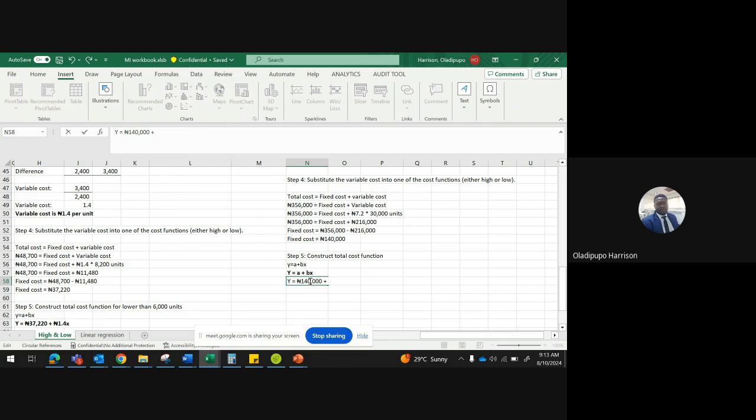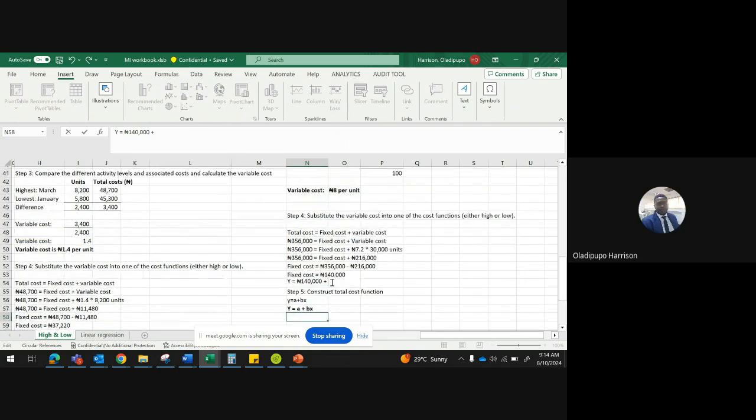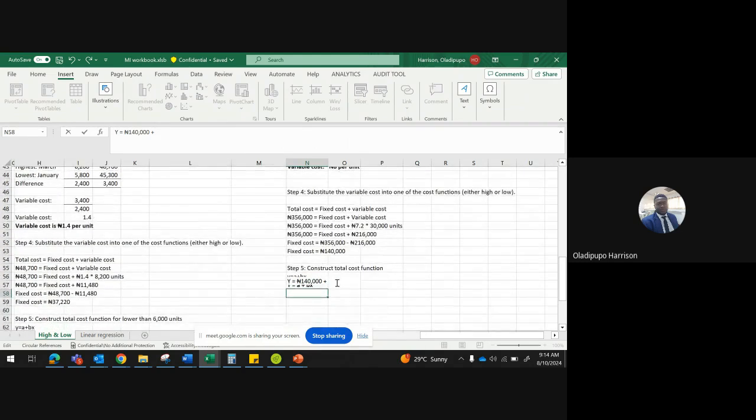But remember that when we are constructing the total cost function, you just want to leave it as 140 fixed cost plus variable cost per unit, then you put your X. So here we have 7.2.